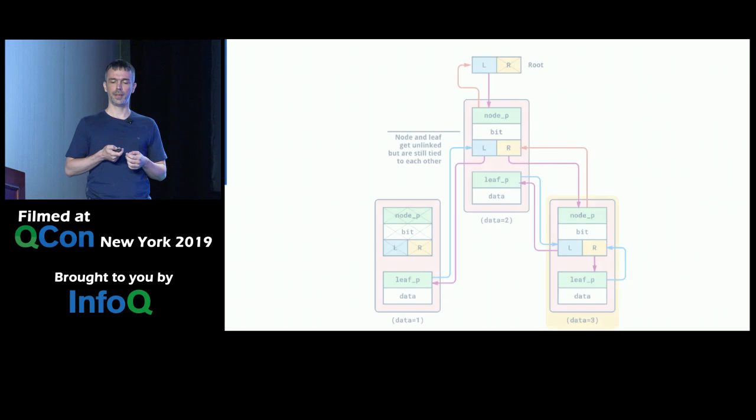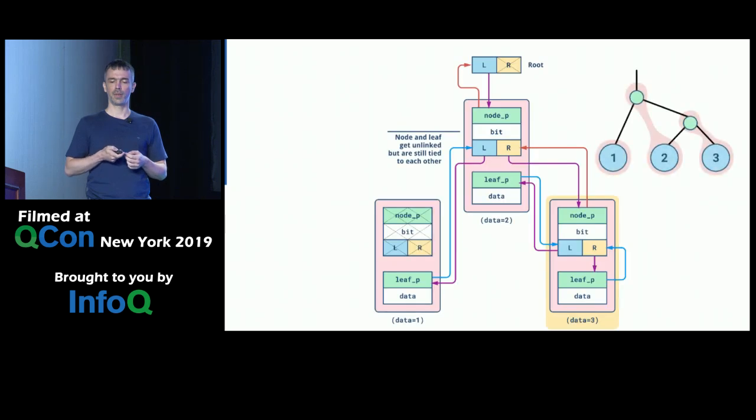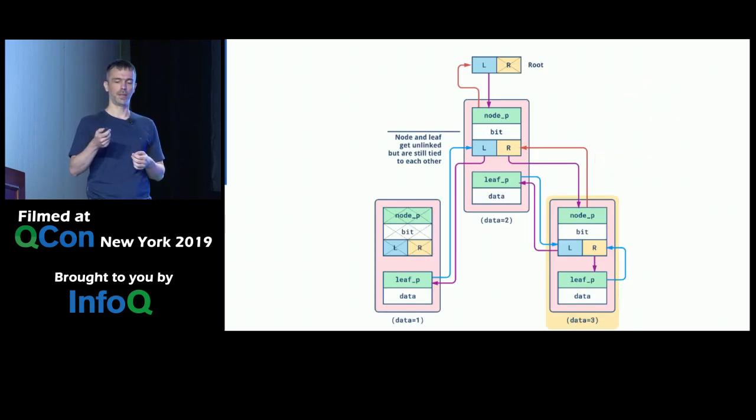And what happens here is that we're going to be inserting the third node with the key value of 3. We're again going to be using both its node and its leaf part. But interestingly, the node part for the third element is going to insert itself between the node part and the leaf part of the structure with the key value 2.